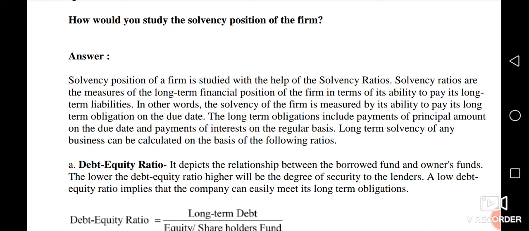In other words, the solvency of the firm is measured by its ability to pay its long-term obligations on the due date. The long-term obligations include payments of principal amount on the due date and payment of interest on the regular basis. Long-term solvency of any business can be calculated on the basis of the following ratios.